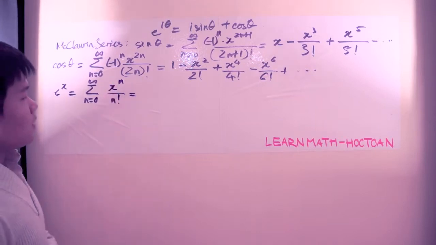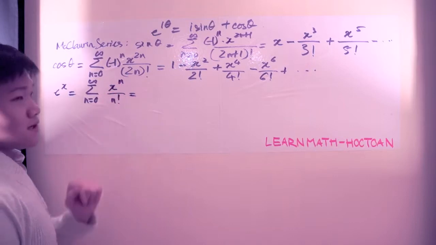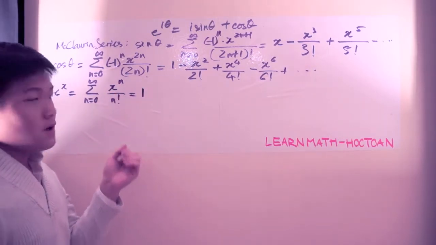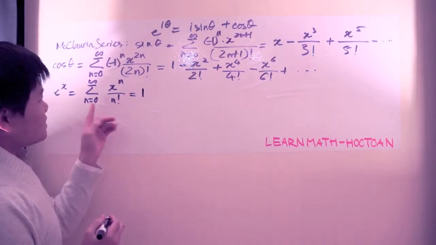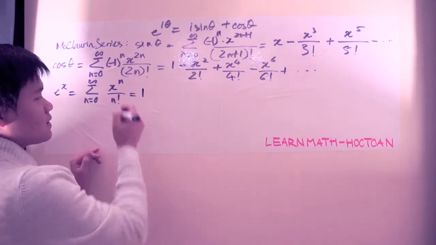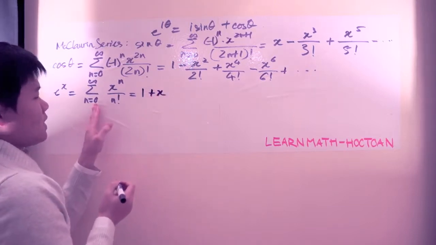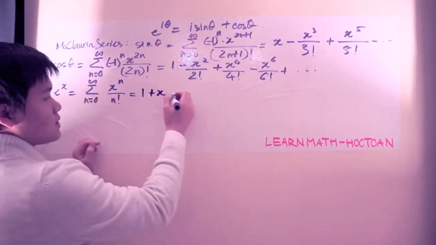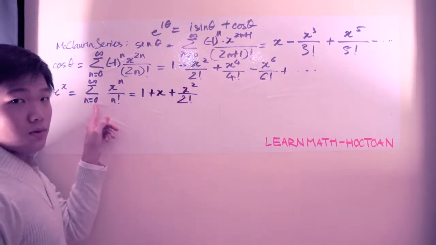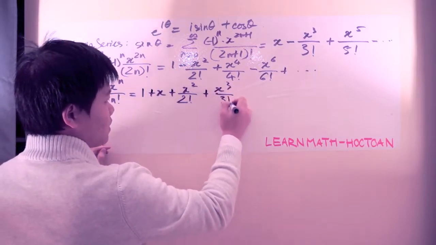You can expand it: x to the 0 over 0 factorial is just 1. n equal to 1 gives x to the 1 over 1 factorial, that's x. n equal to 2, x squared over 2 factorial. n equal to 3, x cubed over 3 factorial.